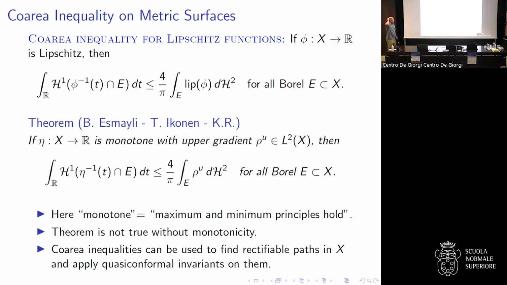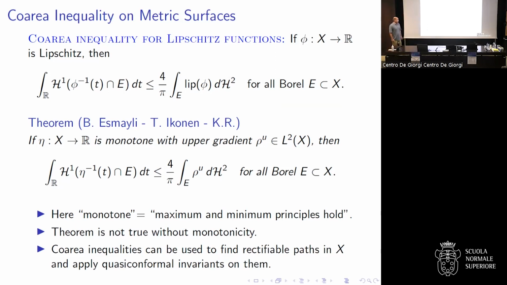And the last thing is how can one use these inequalities? If you're just given a surface which is homeomorphic to S2 and has finite area, then it's a non-trivial problem to find any curves inside this surface so that you can apply the upper gradients and so on.